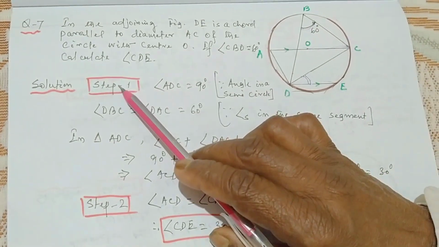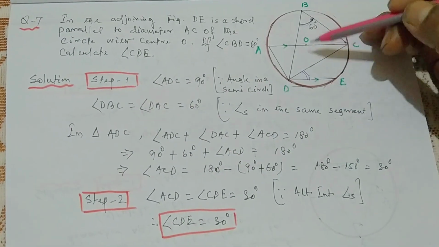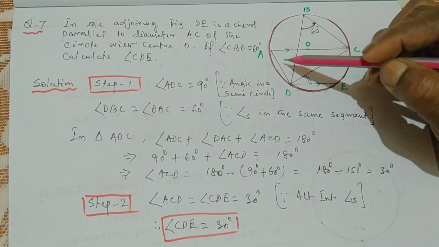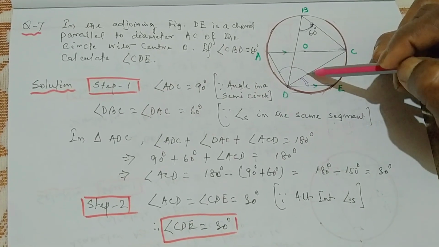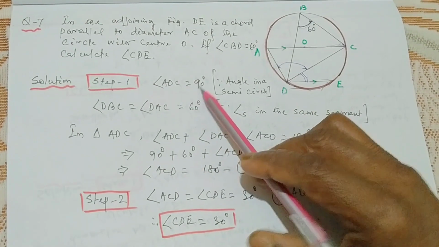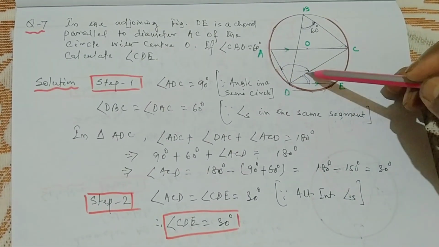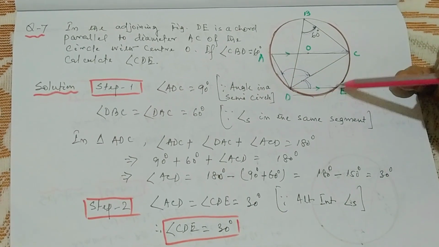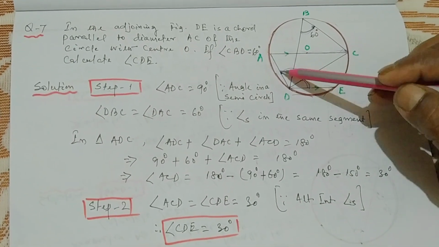So step 1, angle ADC, this total angle. Angle ADC is equal to 90 degree because this angle is made by the diameter on the semicircle. That is why the value of this angle is 90 degree.